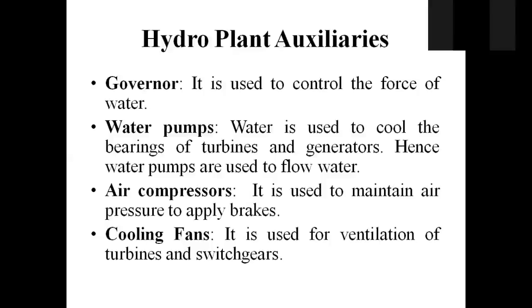The turbine speed also fluctuates, and the frequency of the electrical supply keeps changing. But we know that the frequency has to be constant. Hence, the speed of the rotor of the alternator has to be constant. In spite of fluctuating load, the speed of the alternator has to be constant. And this is achieved by using a governor.